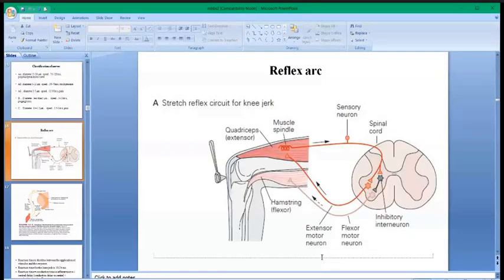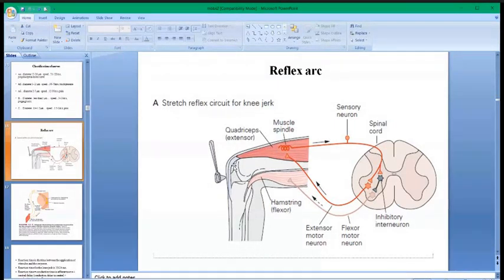Now this figure, I think you have already seen many times in your school days. Here we are showing the knee jerk or reflex jerk. Okay?